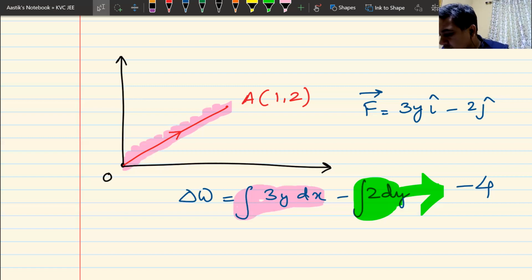Y is not a constant. That is the problem. But that is also the solution.